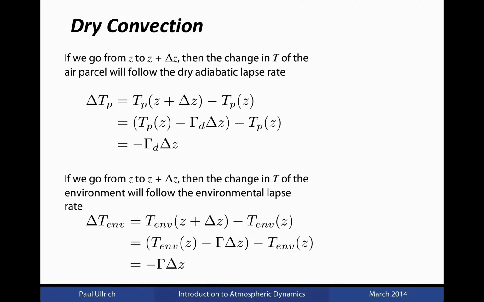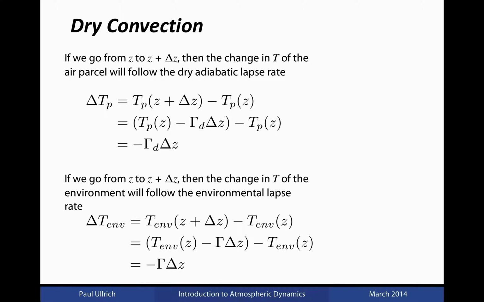The background environment, on the other hand, as we talked about on the previous slide, will be given by negative gamma delta z. Be sure not to confuse the gamma sub d and the gamma. The gamma in this case is the environmental lapse rate, which is arbitrarily specified and simply describes the background environment. The dry adiabatic lapse rate, on the other hand, emerges because the fluid parcel is undergoing dry adiabatic motion.